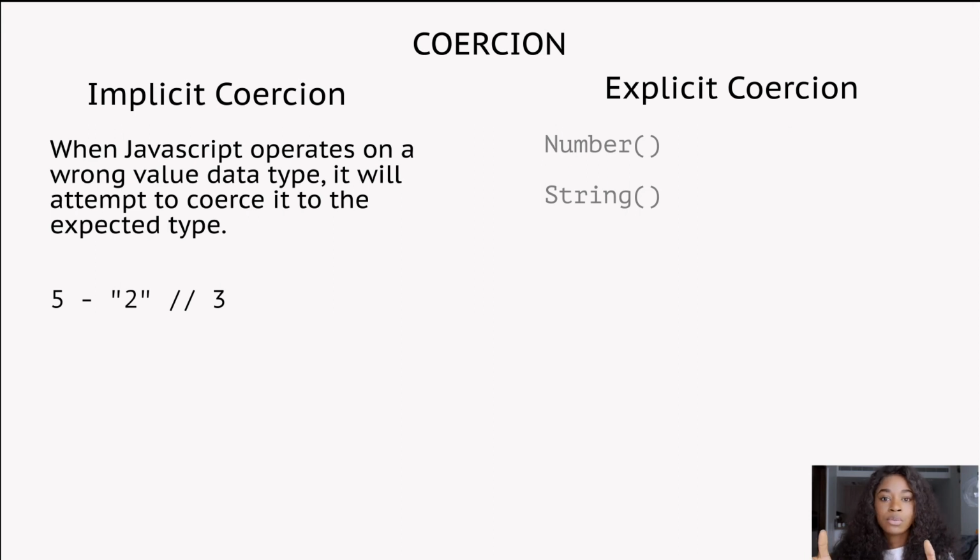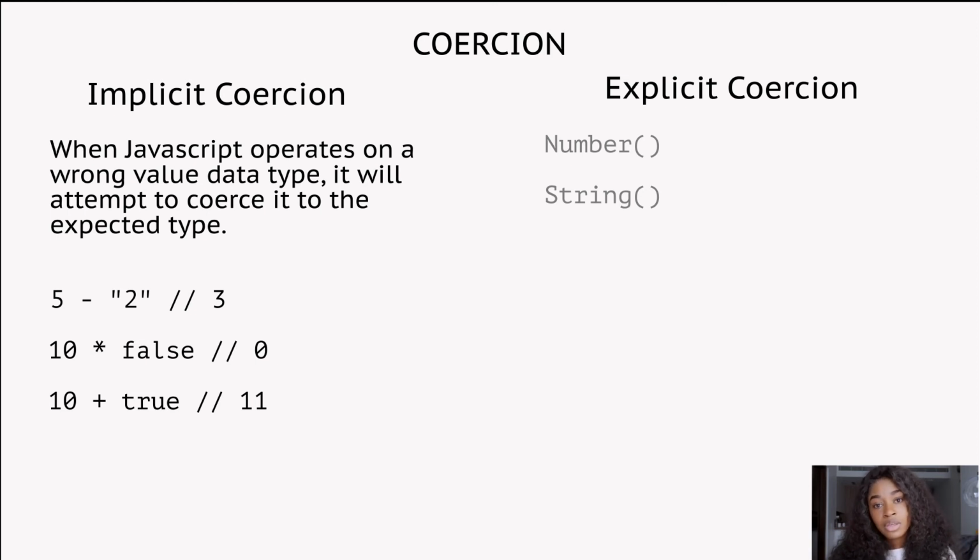But if we're trying to, say, multiply 10 by the boolean false, according to the spec, when false is coerced to a number, it gives us 0. So if we multiply 10 by 0, it gives us 0. Another example, if we add the boolean true to 10, true is coerced to 1. So 10 plus 1 gives us 11.